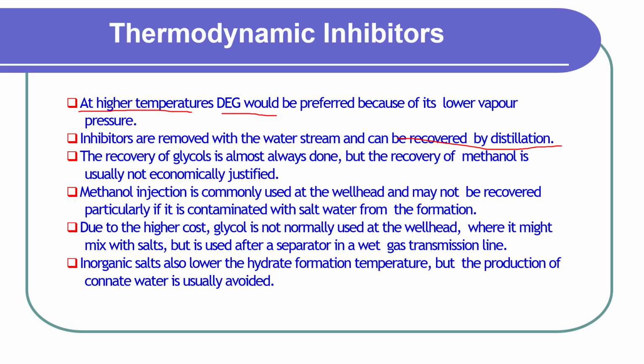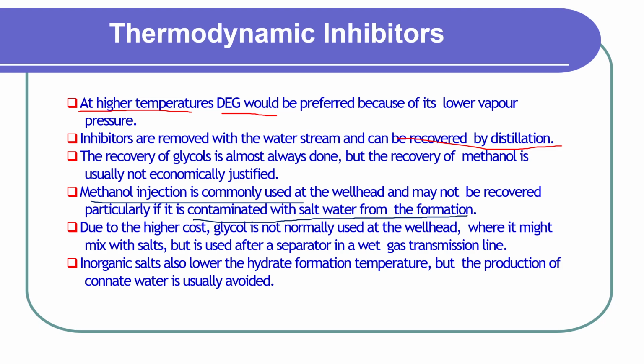Now, if you need to inject at the wellhead, normally you will use methanol, because methanol will not be recovered anyway. For that reason, it's preferable to inject methanol rather than glycol, because when you inject at the wellhead, the chemical will be mixed or contaminated with salt water from the formation rocks.